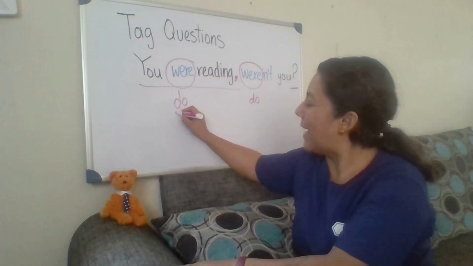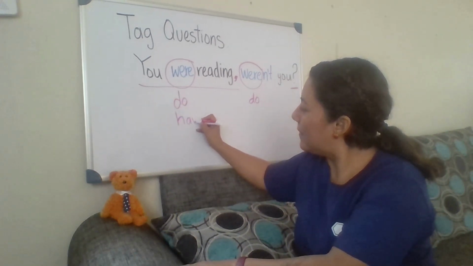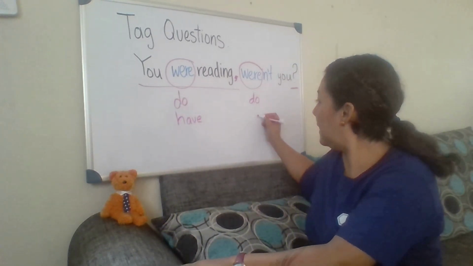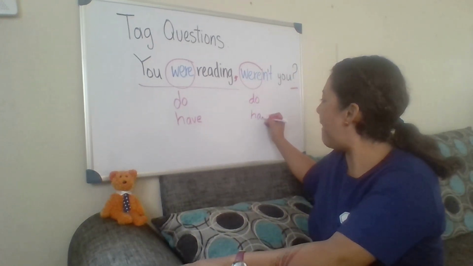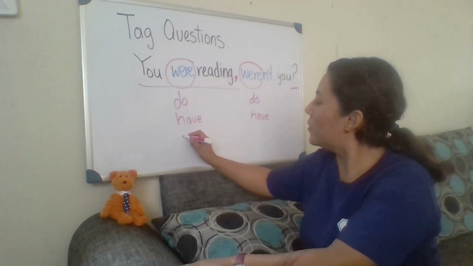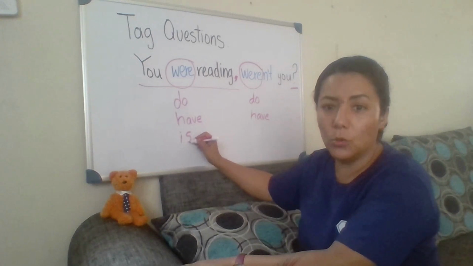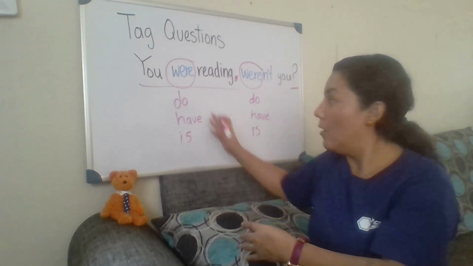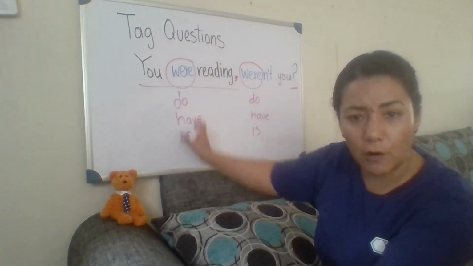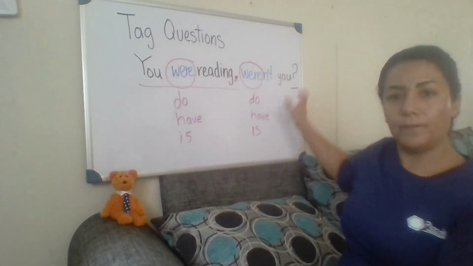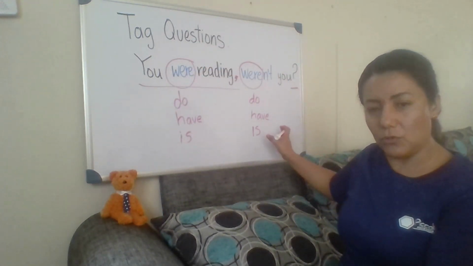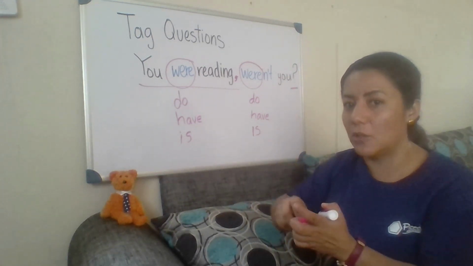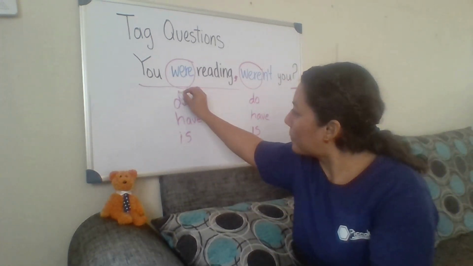If you're using have, you repeat have. If you're using is, you repeat is. And like that. Whatever helping verb is here, you put it in your tag question. You repeat, you keep it. That's another word, keep. Okay.